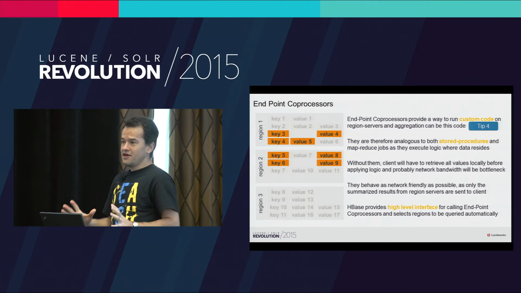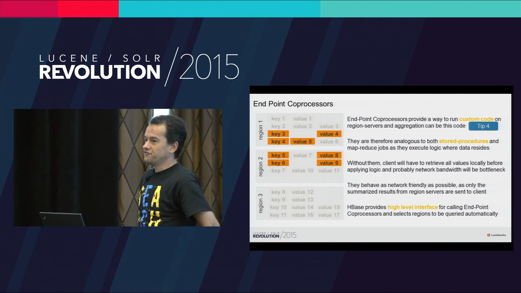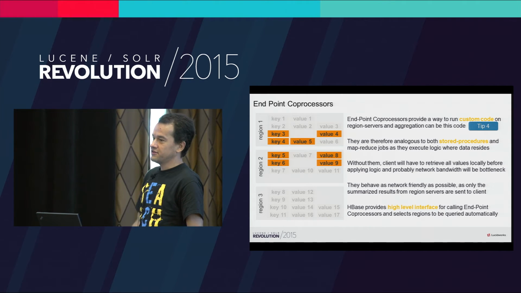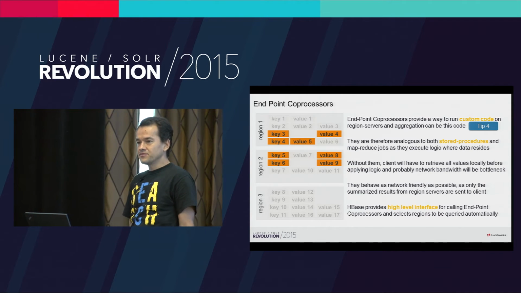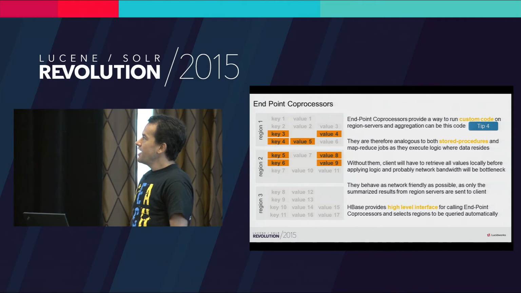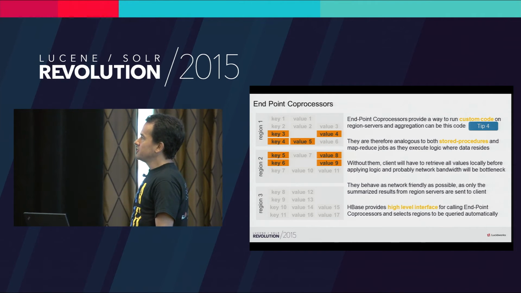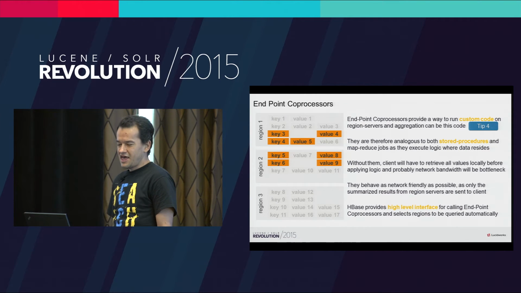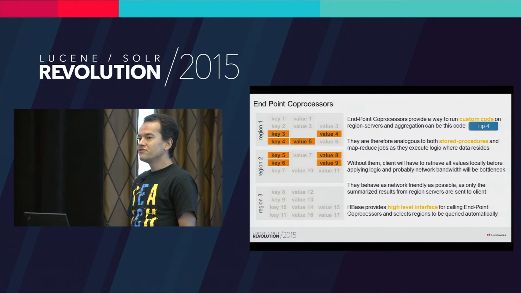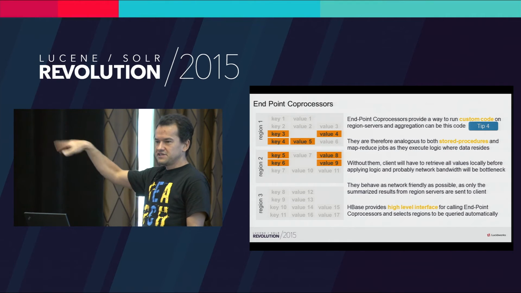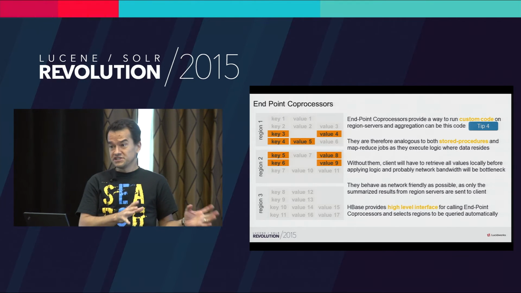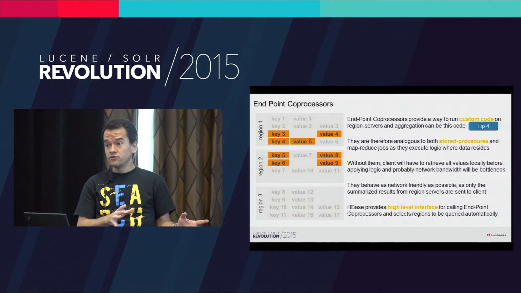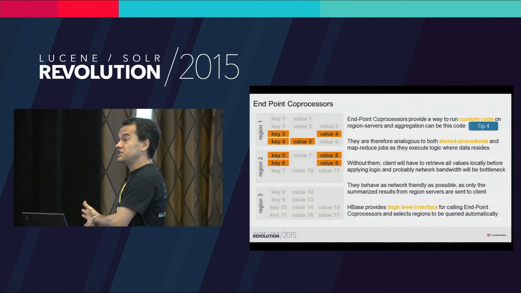And finally, okay, I explained enough about HBase. I am going to start to give the first guidelines when you use HBase. And the very important guideline, which I rate as the most important here, is to use the endpoint coprocessors. What are endpoint coprocessors? A lot of text here. If you know what search components are in SolrCloud, those are endpoint coprocessors in HBase.